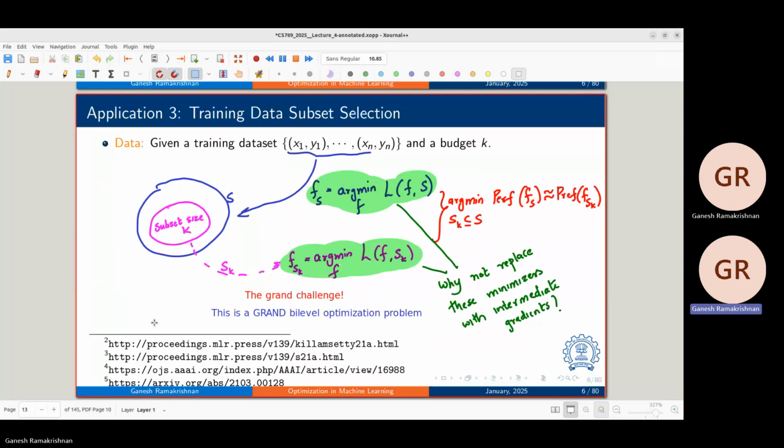So this is what I want. Oh, sorry, there's a mistake here. I have missed loss here. Argmin of something, right? What is the argmin of what? So I'll just correct this. Argmin of loss.